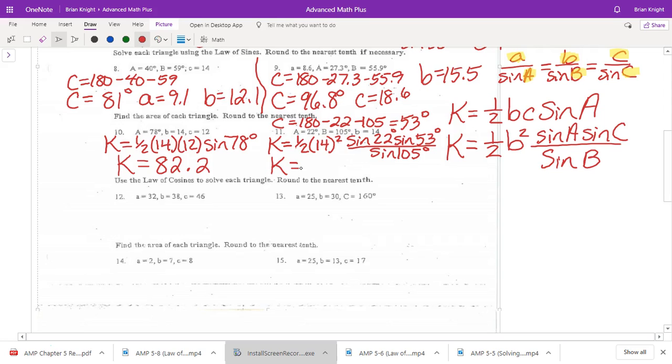That should be 30.4. It's all in how you're putting it in. Don't put that last bit in yet. Divide by sine of, what was it, 105?